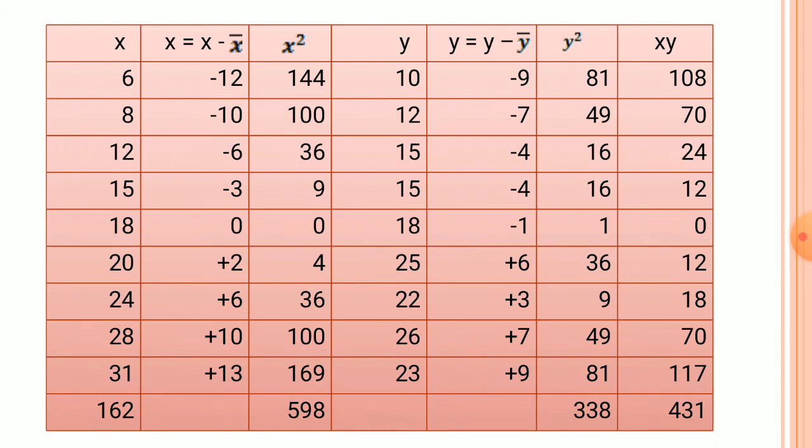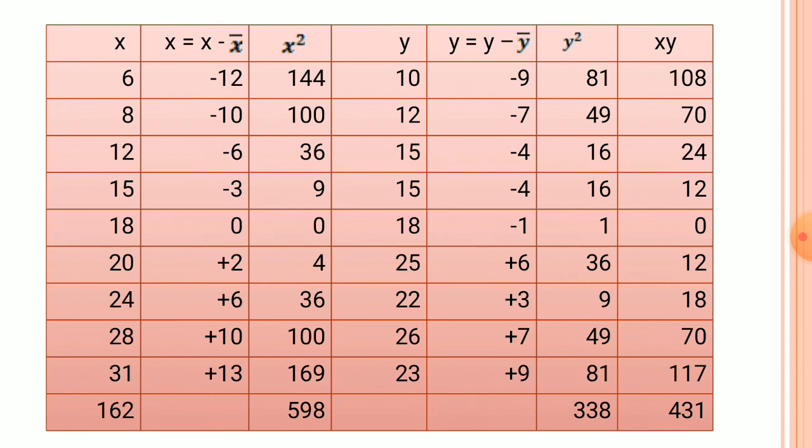Now make the square of x. X square: minus 12 whole square 144, minus 10 whole square 100, minus 6 whole square 36, minus 3 whole square 9, 0, plus 2 whole square 4, plus 6 whole square 36, plus 10 whole square 100, plus 13 whole square 169. Now take the y series, and make the difference of all the values from y bar.